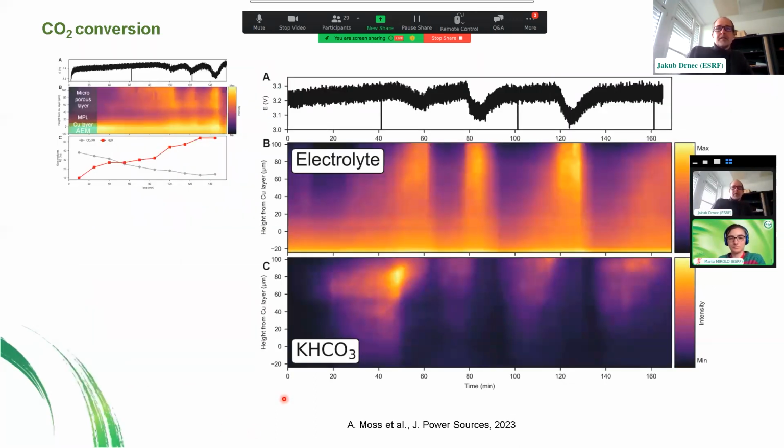It turns out that it's actually much more complicated. It's not only correlated to the electrolyte buildup, but also to the formation of the carbonate salts on the cathode side. And this is what you have to do if you want to understand the phenomena at the device level.